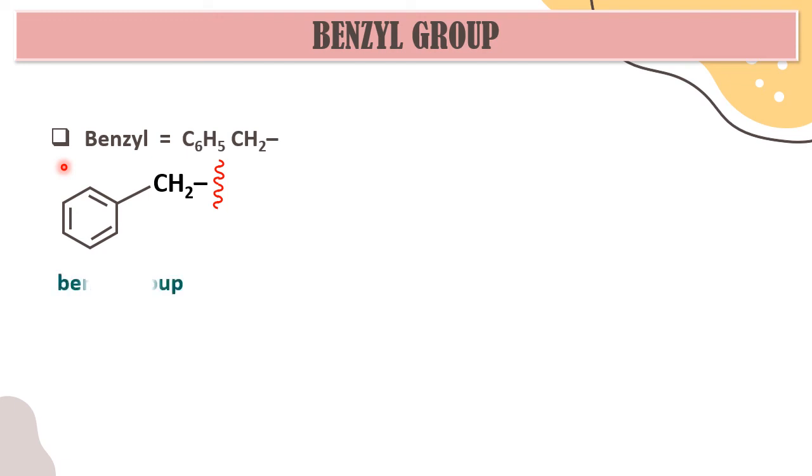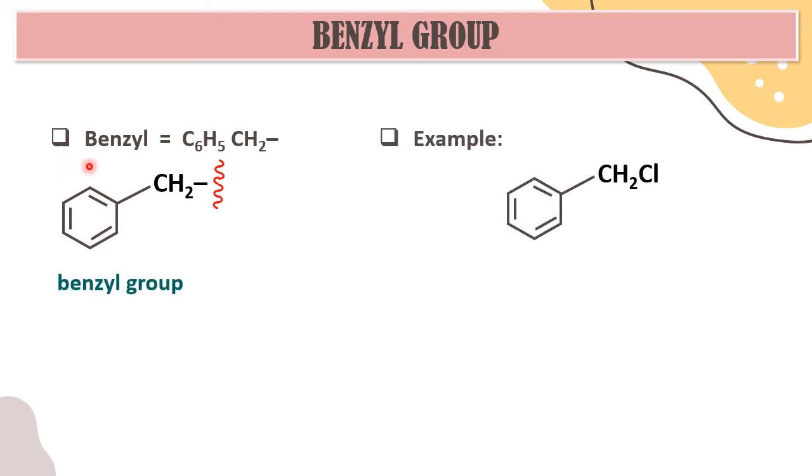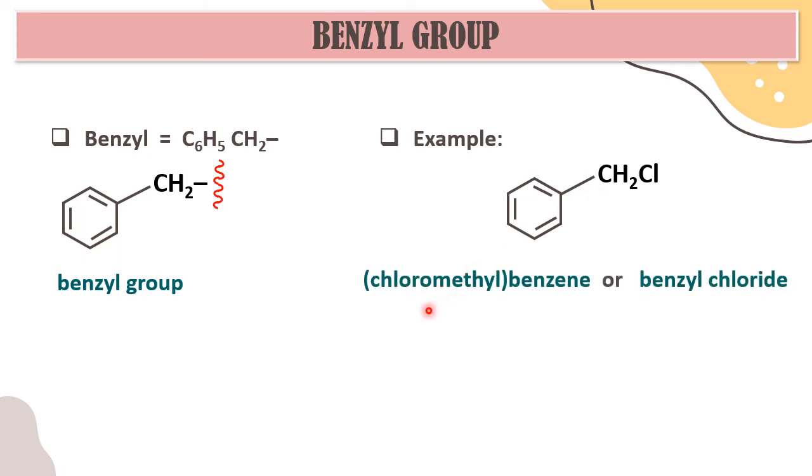For example, I give you this. By right, this structure has a functional group of chlorine over here, so we will have a methyl chloride. For this one, the name will be chloromethylbenzene or benzyl chloride.